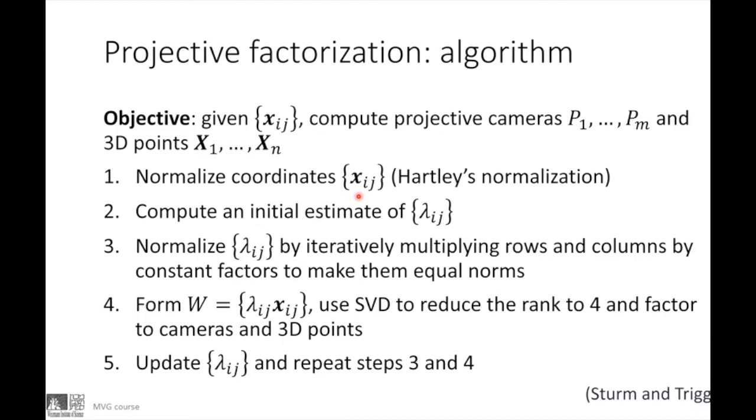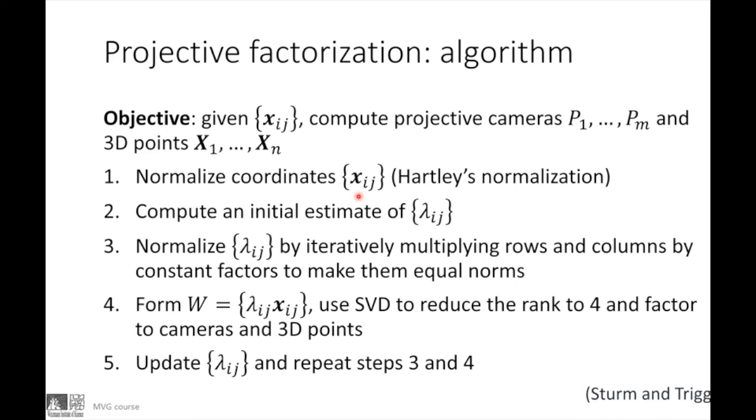And now we get to the final algorithm. So the objective is, given xij, compute cameras P1 to Pn, and three-dimensional points X1 to Xn. And the pipeline is the following. First, we normalize the coordinates xij by using something like Hartley's normalization.